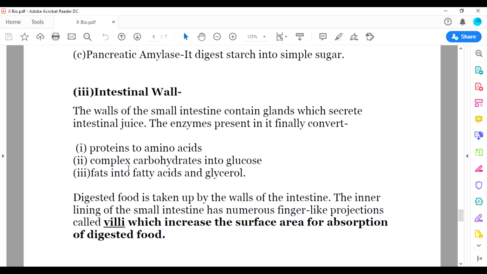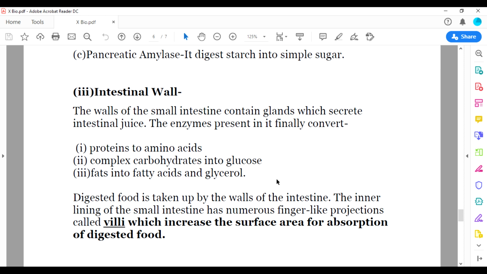The remaining food may contain proteins, so proteins are digested into amino acids, remaining carbohydrates are converted into glucose, and fats break down into fatty acids and glycerol. All these are soluble forms of food. So here the digestion process is completed up to the part of the jejunum.